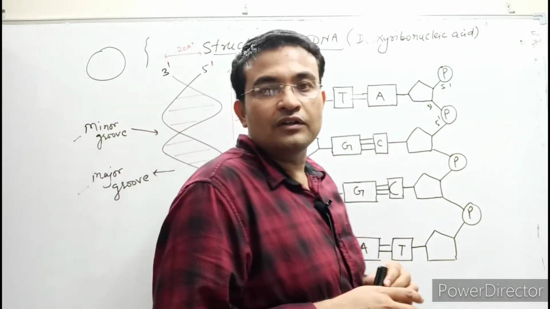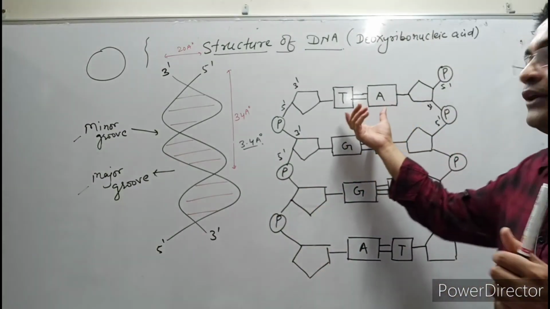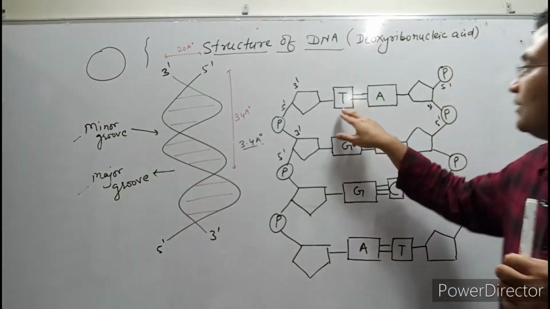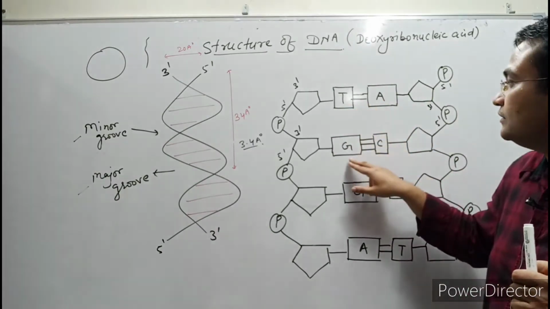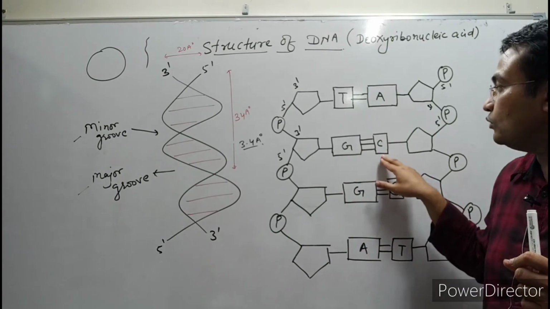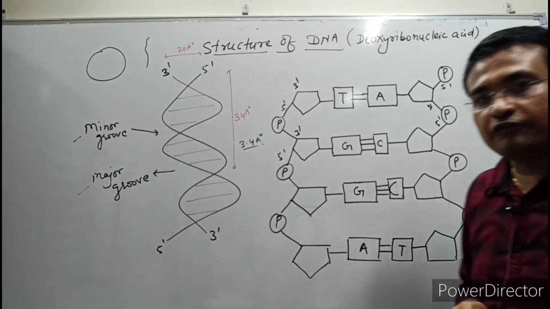So it was discovered that in a DNA molecule, the base pairs are complementary. It means thymine connects with adenine with 2 hydrogen bonds, and the guanine connects with cytosine with 3 hydrogen bonds. So this is the structure of DNA.